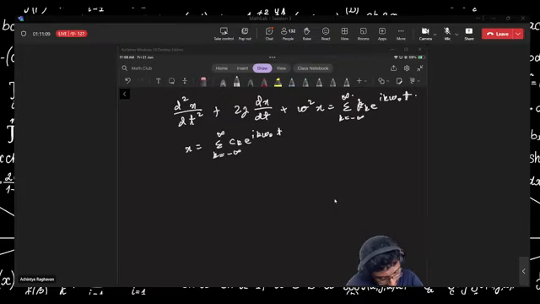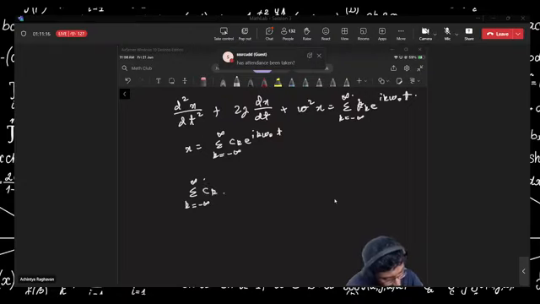And if you differentiate, you get summation k going from minus infinity to infinity. We can take the derivative inside the summation. ck is not affected by the derivative, and only e power ik omega naught t will be affected.